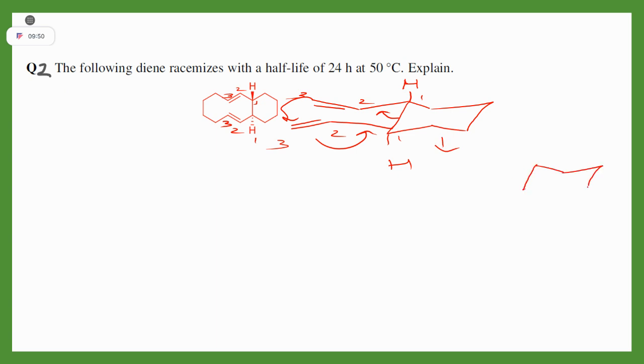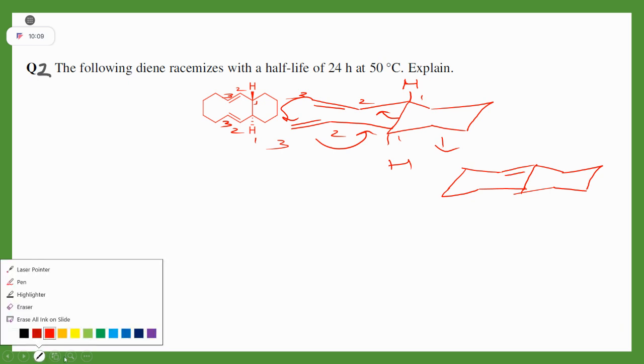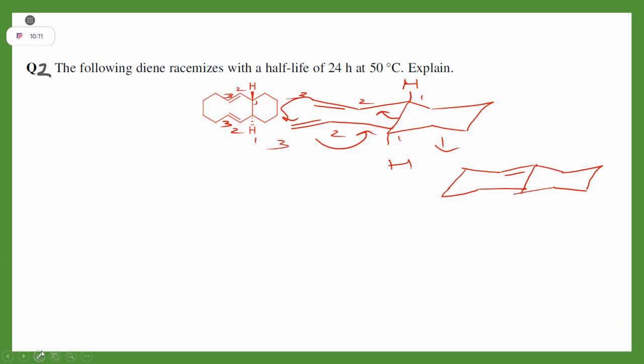I have drawn it in chair form just to know the stereochemistry. Nothing else. This bond is shifted, it will go there. So basically, this bond will not be there, right?